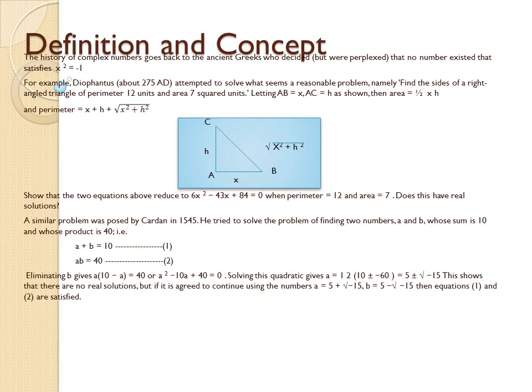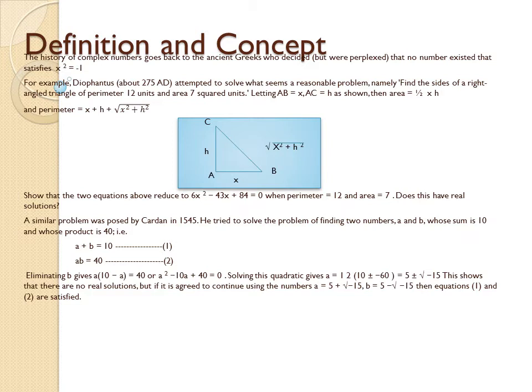Now from here, if I eliminate b, if I want to find the value of a or b, so eliminating b from the first equation, we get b equal to 10 minus a. Because the product is 40, in the second equation if I put a into b, b means 10 minus a, so a into 10 minus a equal to 40, or a square minus 10a plus 40 equal to 0.